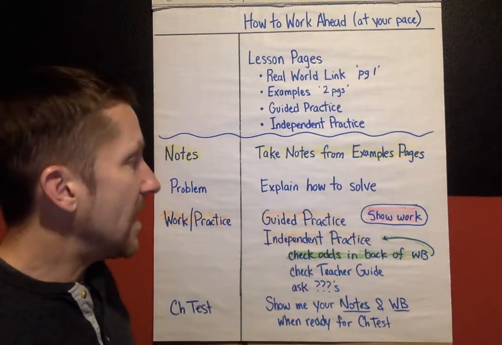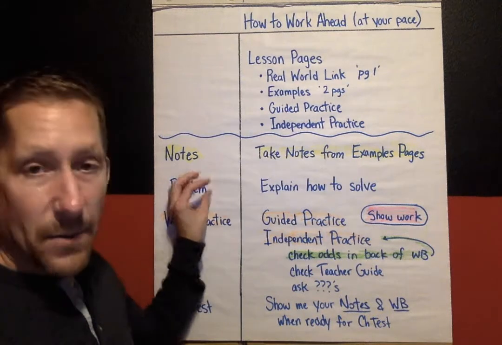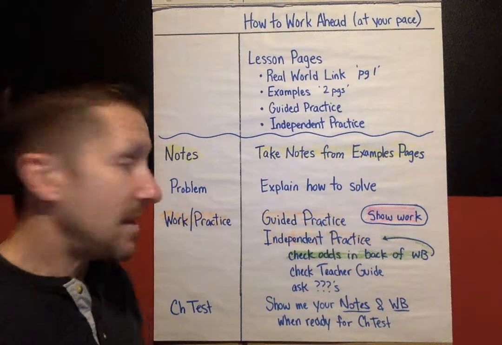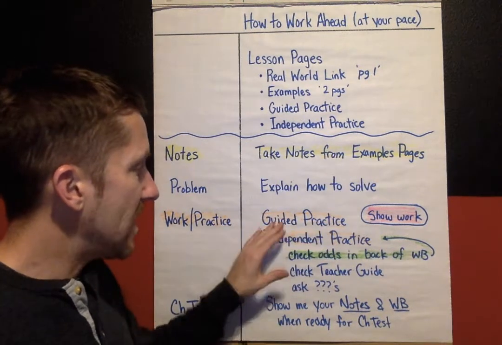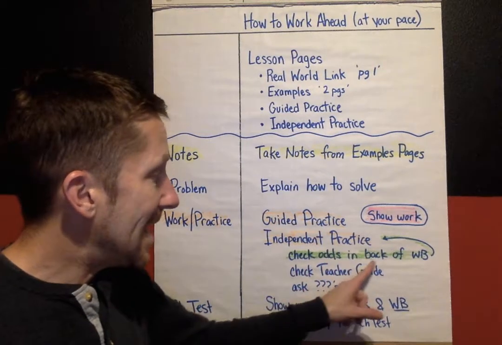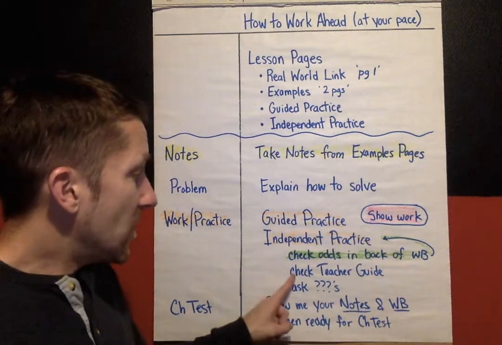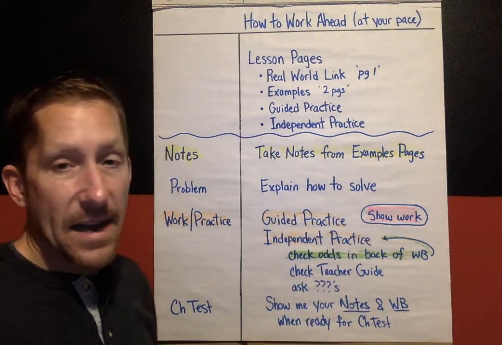So as you're working ahead on your own, you're taking your own notes, writing down problems, explaining how to solve them in your notes, following the example pages. Then you're working on the practice problems, guided practice and independent practice. You can be checking the odds in the back of your workbook for the independent practice. You can also, during class, be checking the teacher guide.